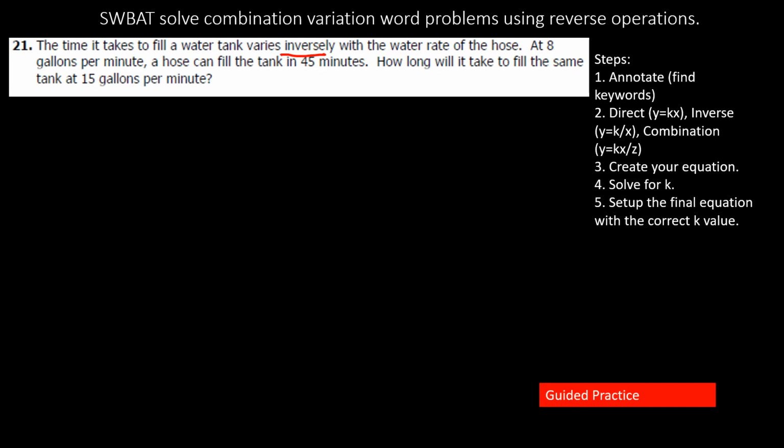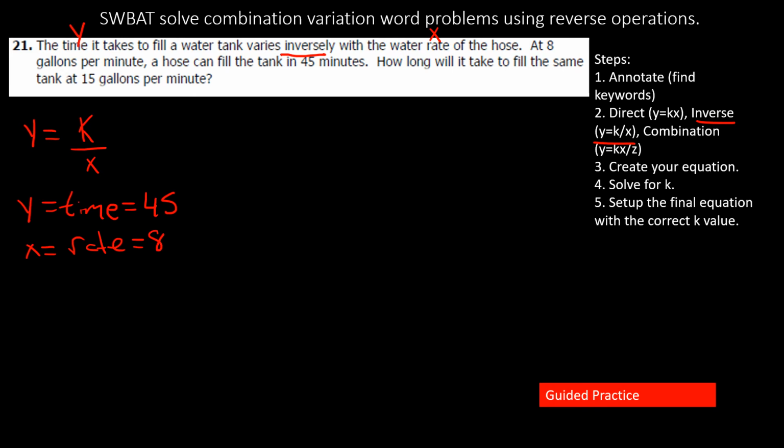So it says the time it takes. So time here is my y as it varies inversely. So inversely would be y equals k over x, with a water rate. So that water rate is going to be my x value. So we're going to say y equals k over x, where y is equal to my time, which in this case would be 45 minutes, and x is my rate, and my rate here is 8 gallons per minute.